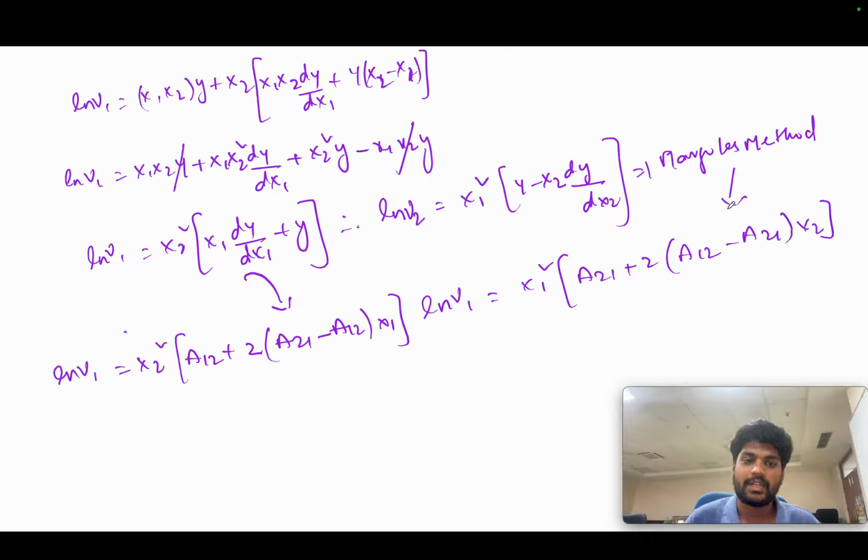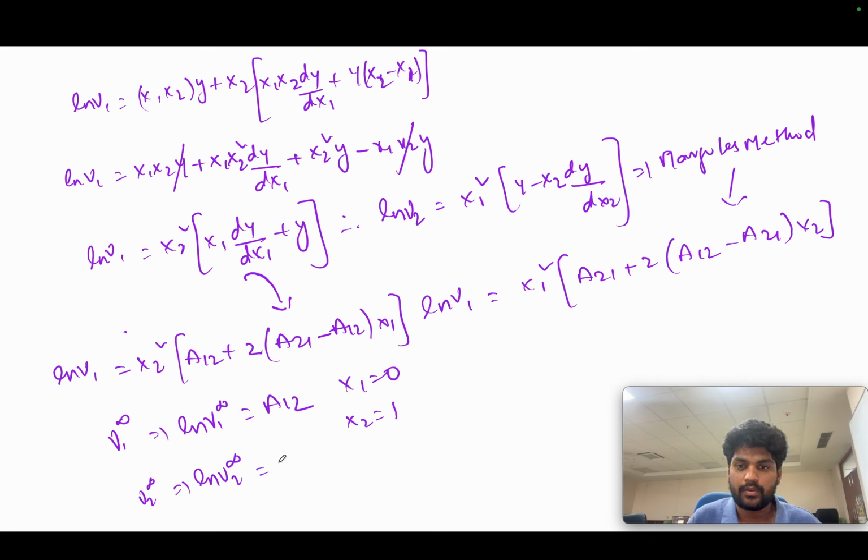This is also the Margules model. So when y1 tends to infinity, ln of y1 infinity equals a12 as x1 tends to 0 and x2 tends to 1, and y2 tends to infinity, ln of y2 infinity equals a21, as x2 tends to 0 and x1 tends to 1. So these all are the Margules method.